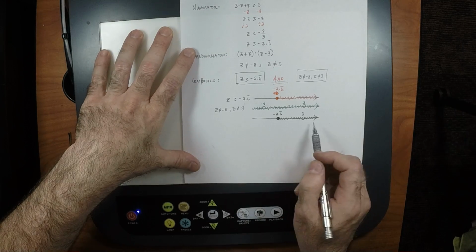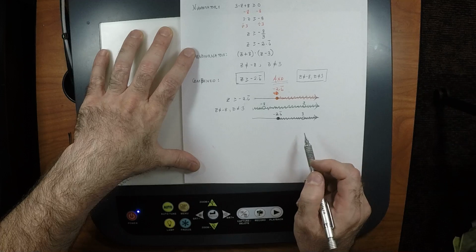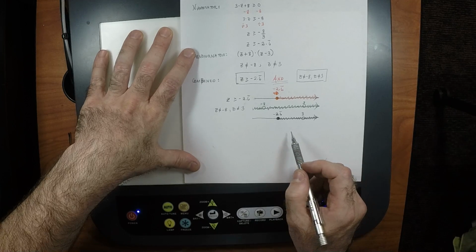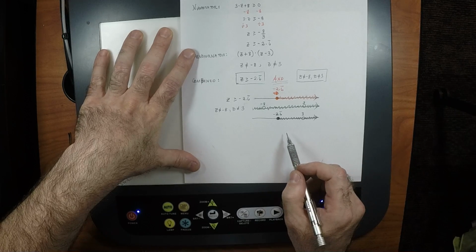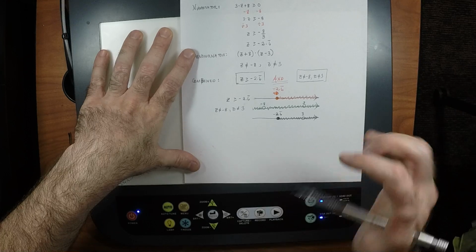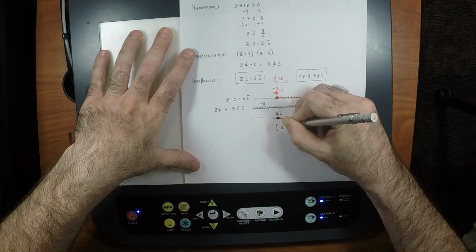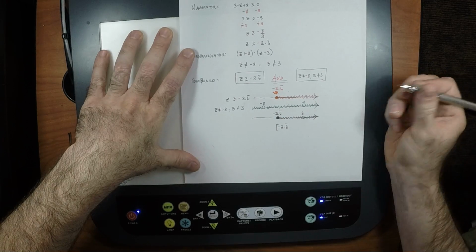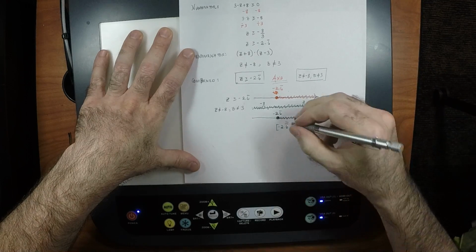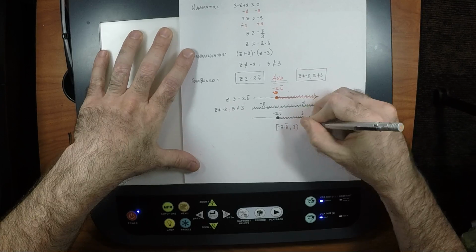How could we write it in interval notation? To 3.